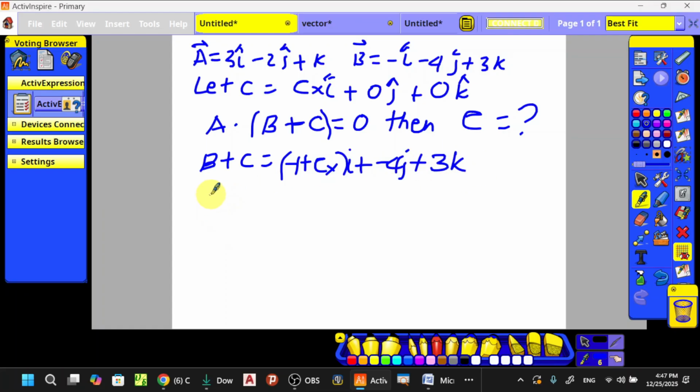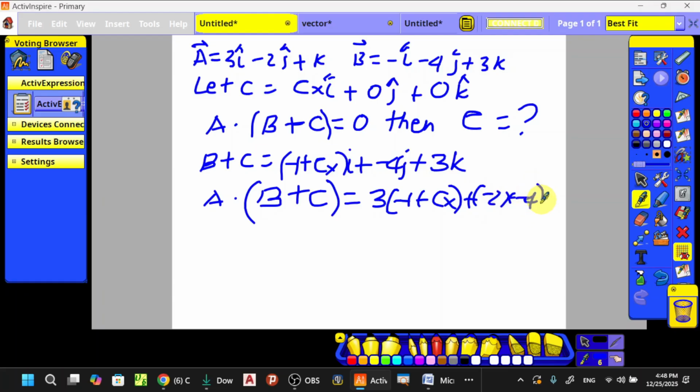Then a dot (b plus c) is equal to, then this multiply the coefficient of i: that's 3 times (minus 1 plus 3x), plus the coefficient of j: that's minus 2 times minus 4, plus 3 times 1 times 3.